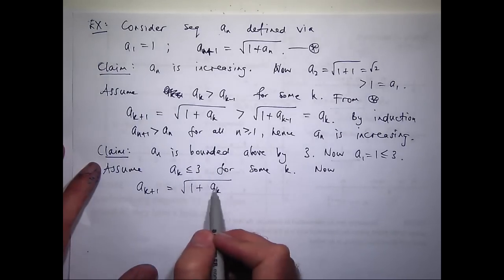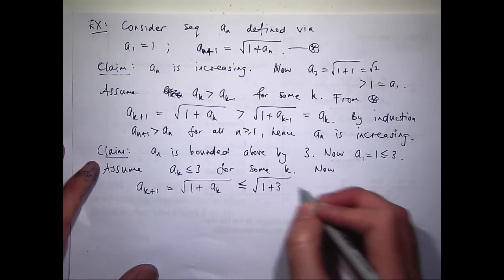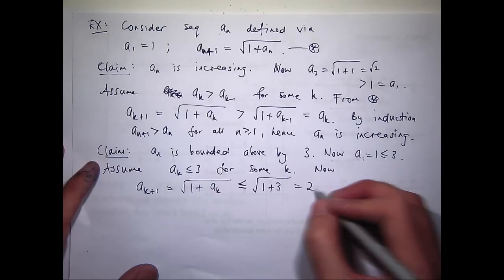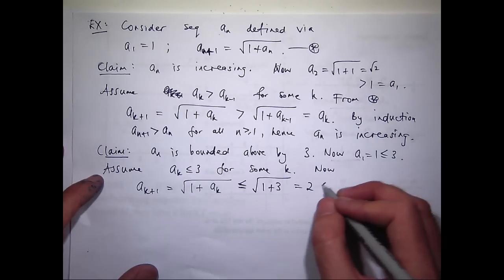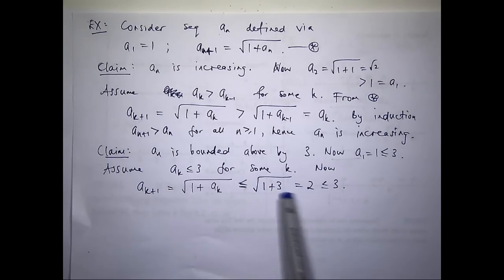And by our assumption, A sub k is less than or equal to 3, so it'll be less than or equal to root 4, which is just 2. Now, is that less than or equal to 3? Yes, it is. Nice. You can see how the choice of 3 there was quite a good choice, if you wanted to work it out simply.